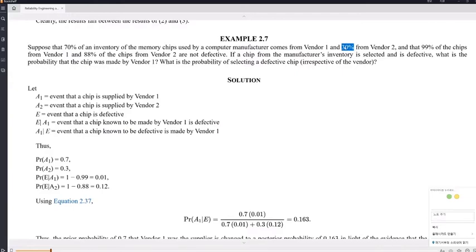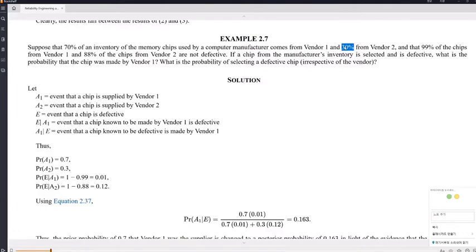So that was our so-called a priori probability. And that chip can be defective or not defective. Before it is tested, we do not know whether it is defective or not.